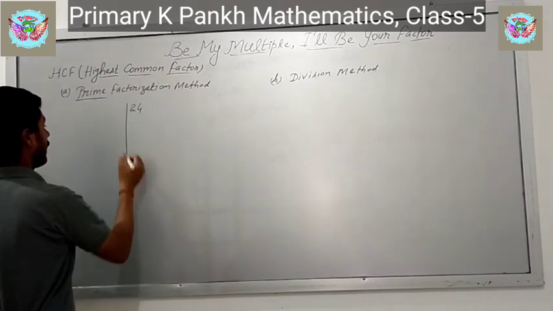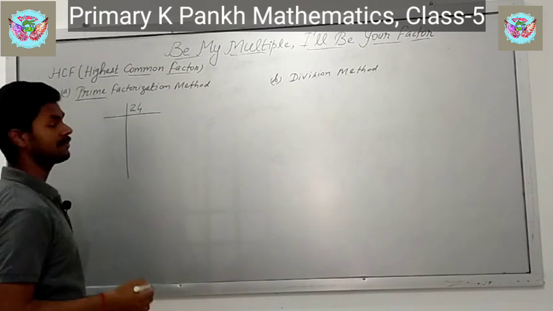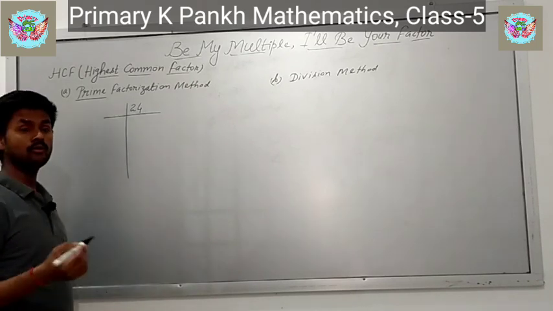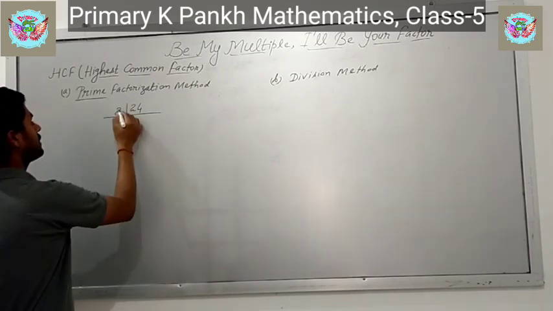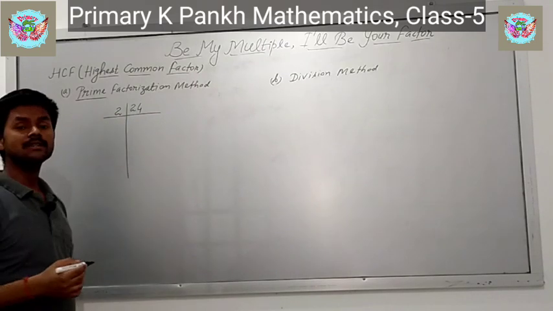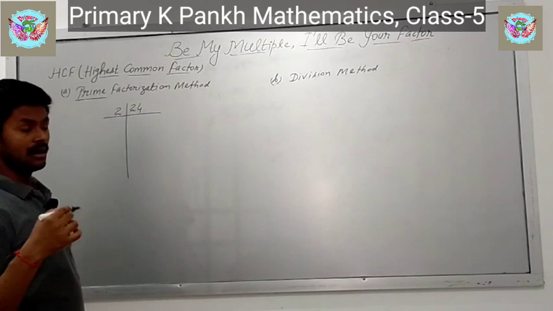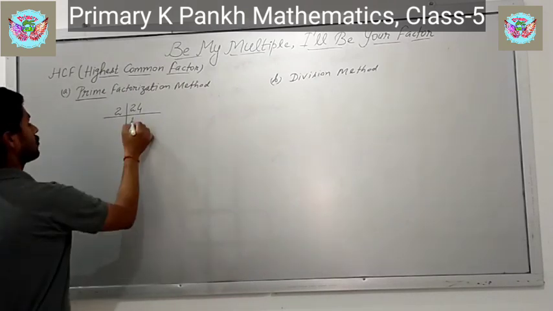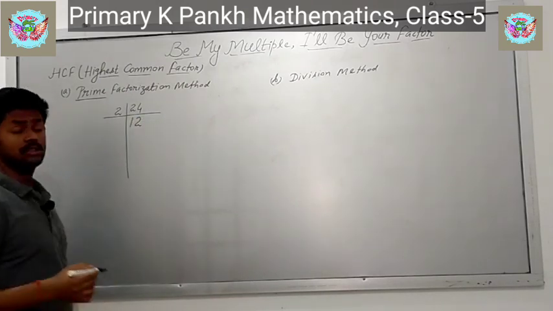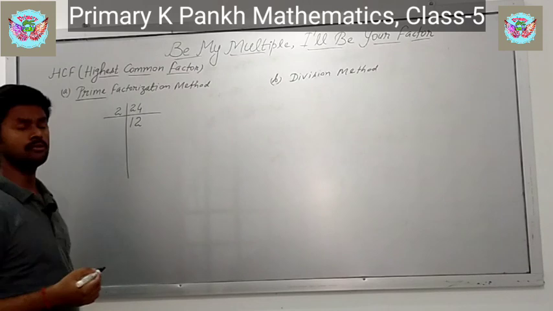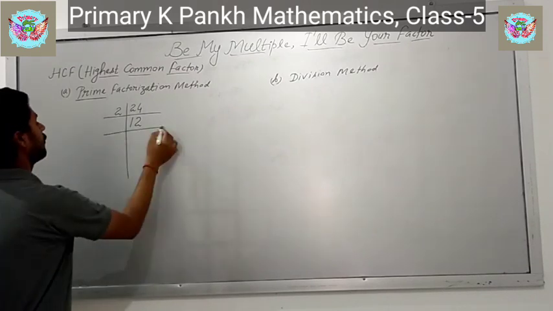So when you have to divide 24, first of all you can use 2. 2 is the first prime number by which you can easily divide 24. When you read the table of 2 up to 12 times, then you will find 24.